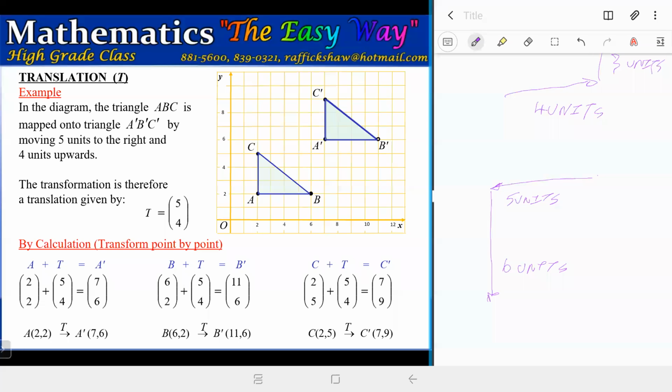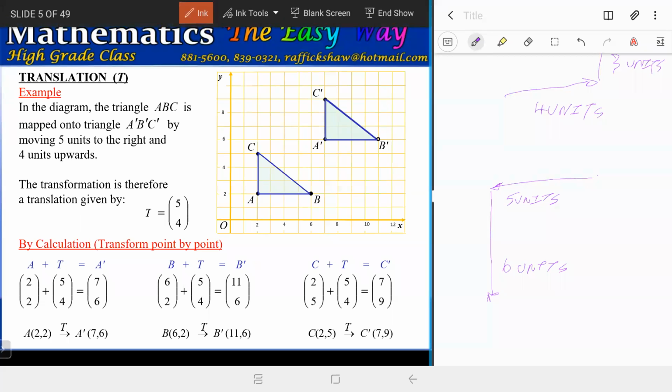So we'll look at now inverse translation. So tell me now, common sense. If translation (5, 4) takes me from this to this, what is the inverse of that transformation? What will be the inverse, guys? (-5, -4).